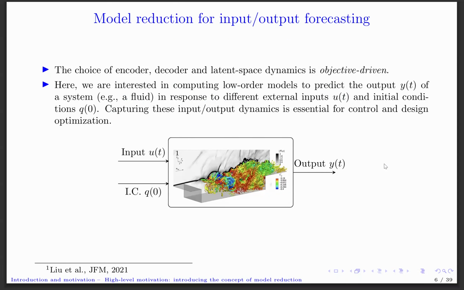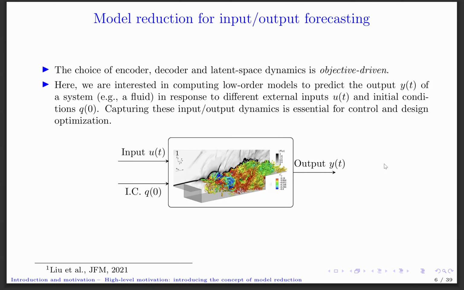And so here we're interested in computing models that are able to tell us, and accurate in doing so, as a matter of fact, how output Y, a quantity of interest, changes in response to changing inputs and initial conditions. And so here, just schematically, we have a turbulent cavity flow. This represents, for instance, the flow inside the wheel well of an aircraft.